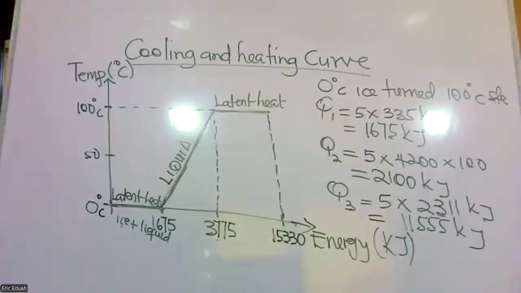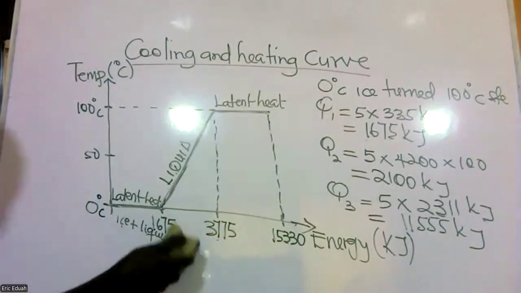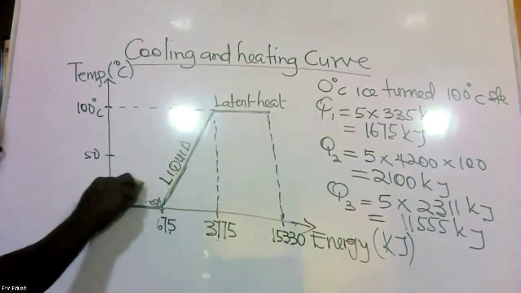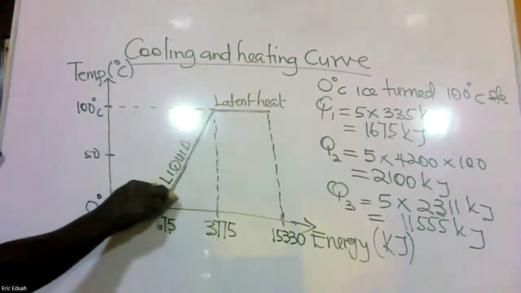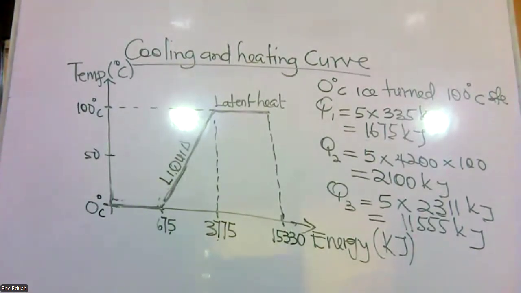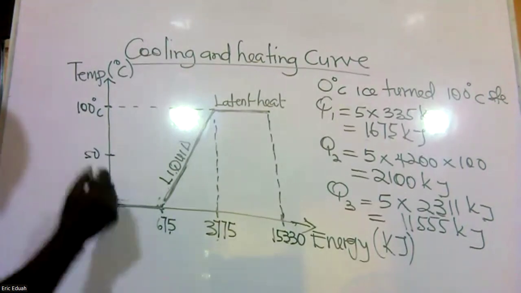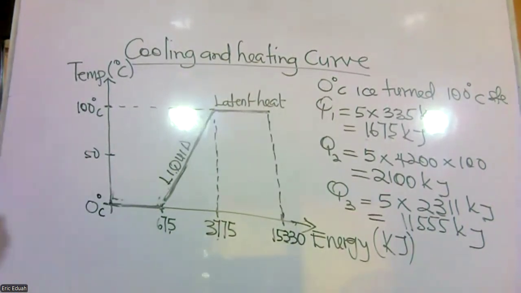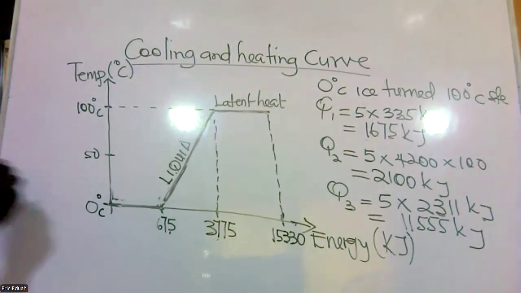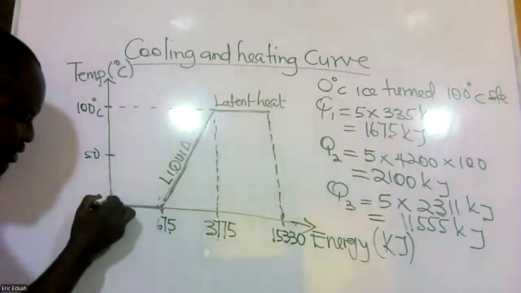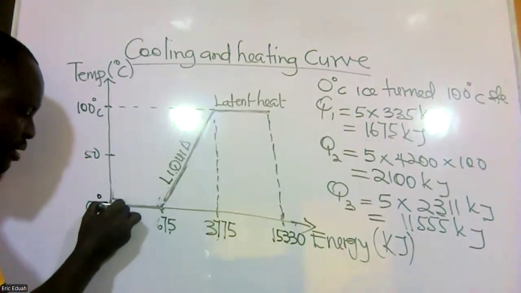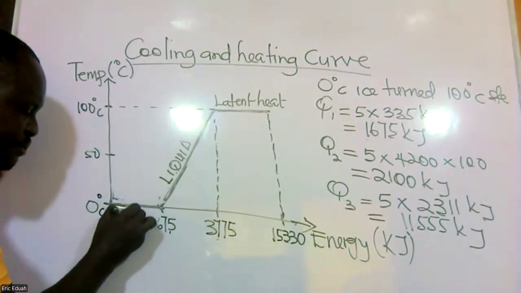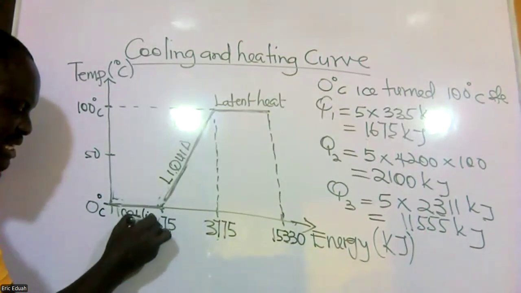Look at it again. Let's start the whole show. At 0 degrees Celsius, 0 degrees is the melting point of ice. That is, over here, ice begins to melt. So in between we have both ice plus liquid.